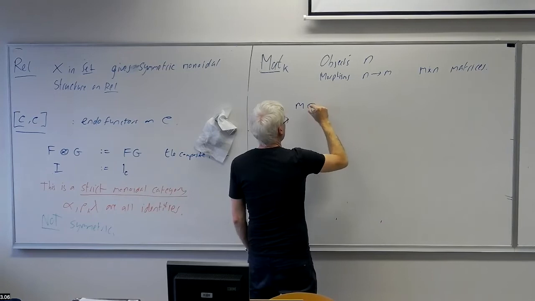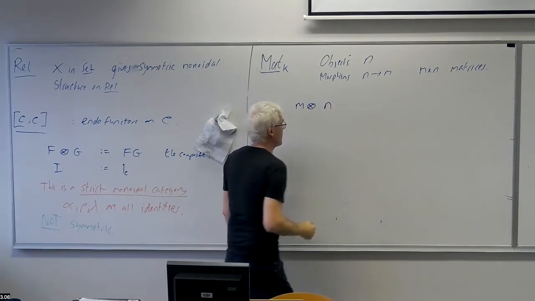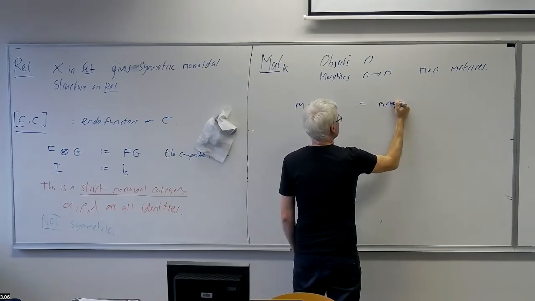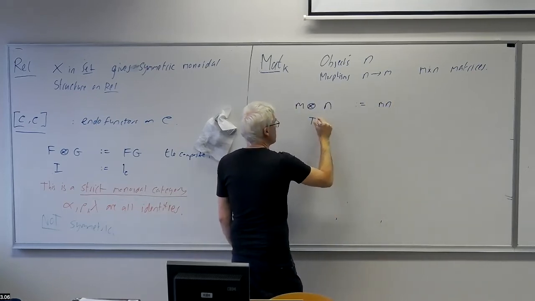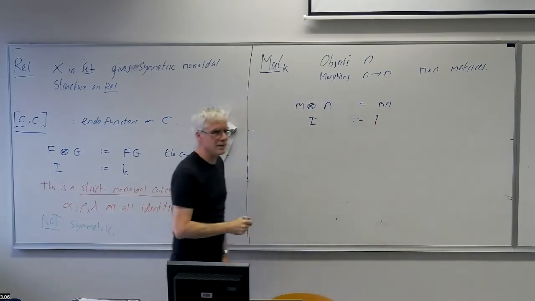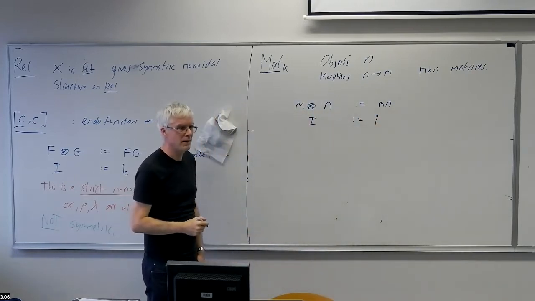So the tensor of two objects, m and n, is simply m times n. And the identity object is simply 1, which is the identity for multiplication.